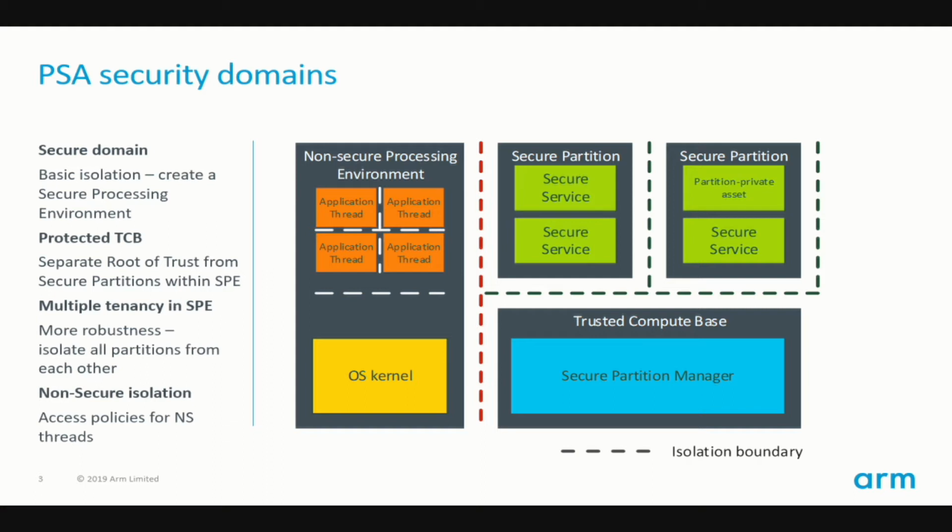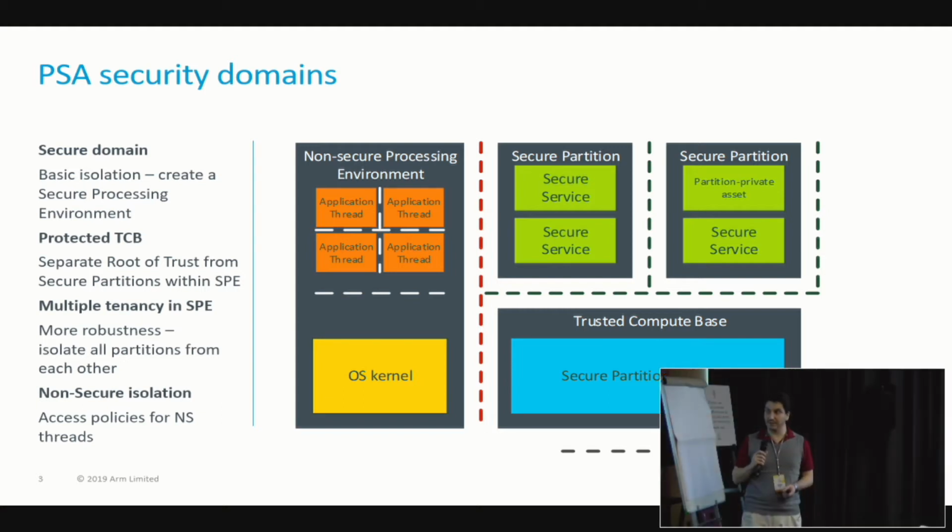One of the big topics for this year in Trusted Firmware M is that last year when we announced version 0.1 of Trusted Firmware M, of course, we were focusing on the basic isolation, level 1 isolation.